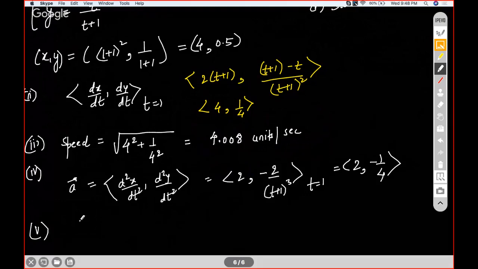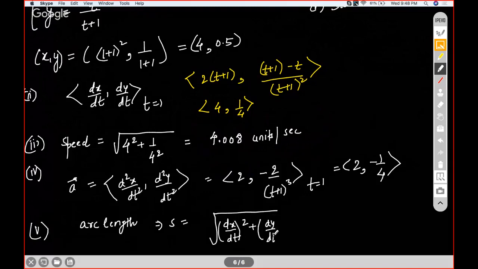So basically, it's a motion along a plane. So you have to use the arc length for it. Okay. So remember the arc length formula? S is equal to, not S is not speed, it's the arc length, integral of under root of (dx by dt) square plus (dy by dt) square dt from t equal to 0 till t equal to 1.